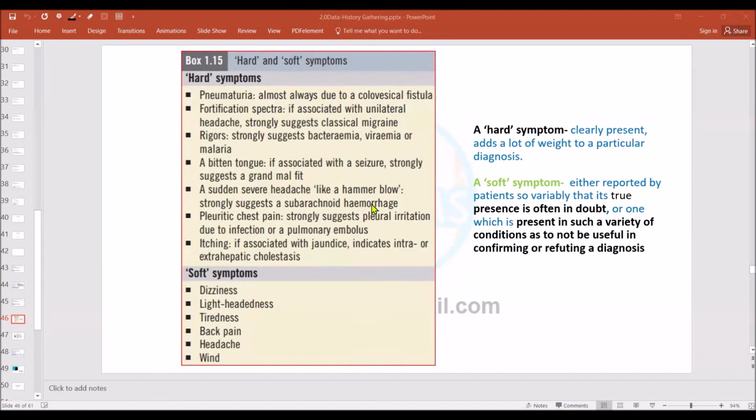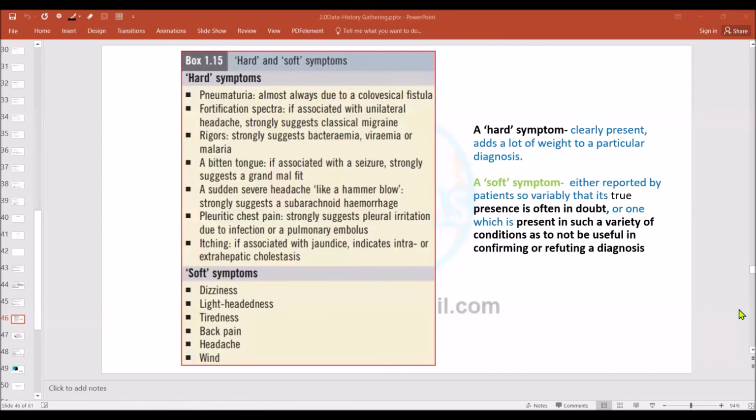Just try to remember that in the symptom analysis, we need to understand what is the meaning of hard symptom. For example, hypothyroidism. What could be hard symptom? Cold intolerance. More important than weight gain. Weight gain can happen by the more diet. So cold intolerance will be more important. So it could be hard symptom.